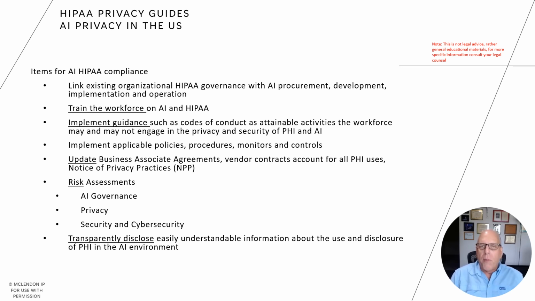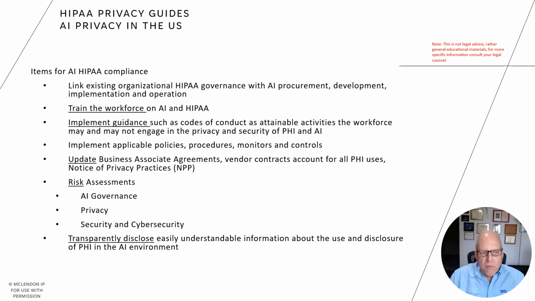Implement applicable policies, procedures, monitors, and controls. Update business associate agreements. Vendor contracts have to account for all PHI uses in their master agreements. Update your notice of privacy practices for your AI use.